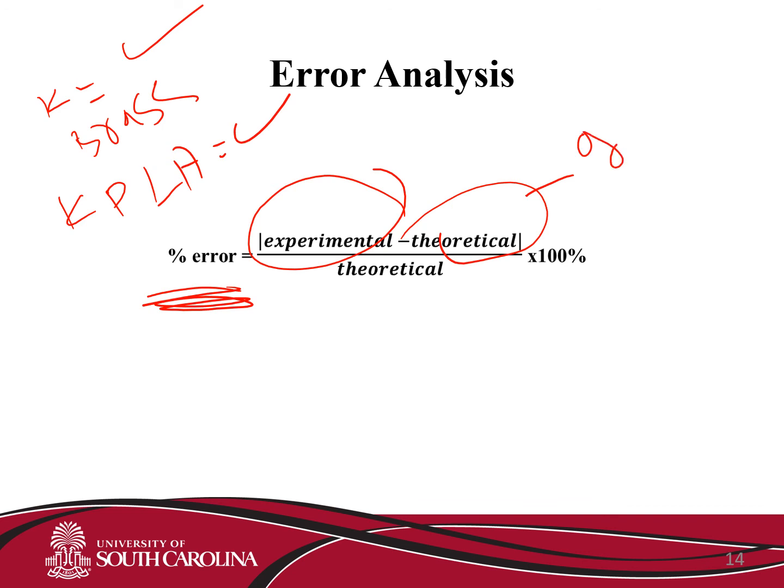Theoretical, you find from Google. You find the error and then give the reason why you have this error. You see the big error, small error. By calculating from these thermocouples, you find the error.